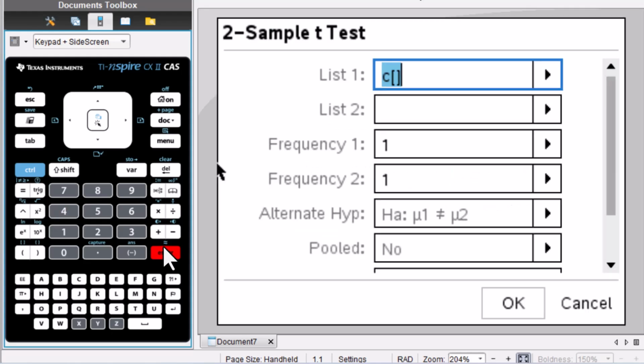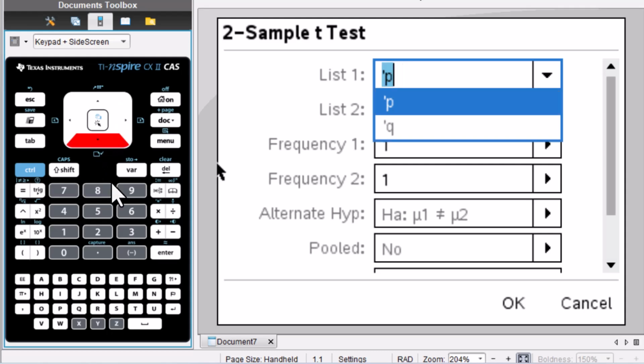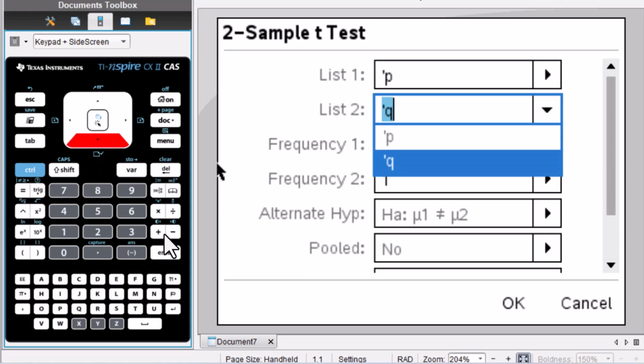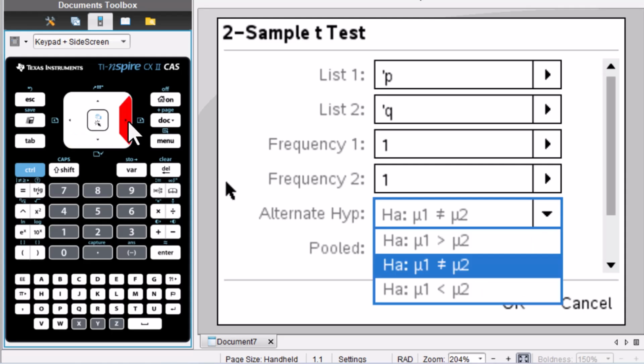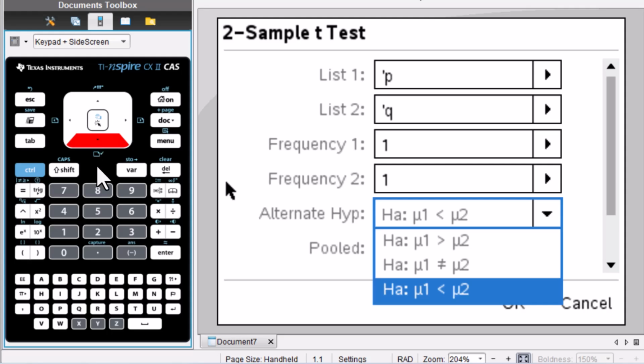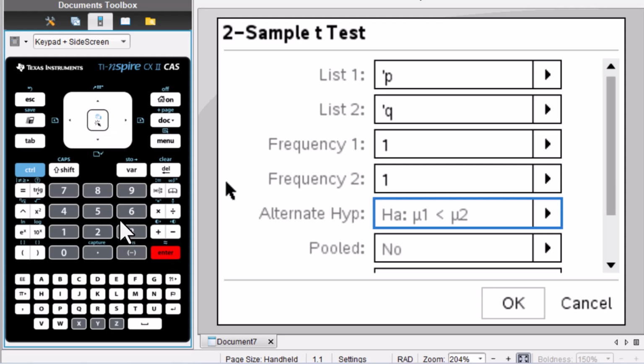Enter. List 1, double-click this right arrow button, P. List 2, Q. Alternative hypothesis: less than. Pooled: yes, because the population variance is equal for the two groups.